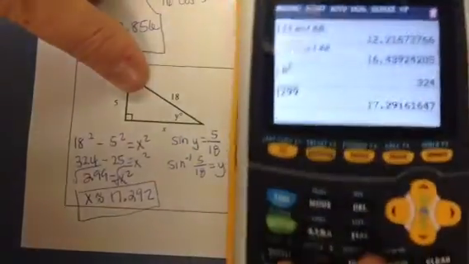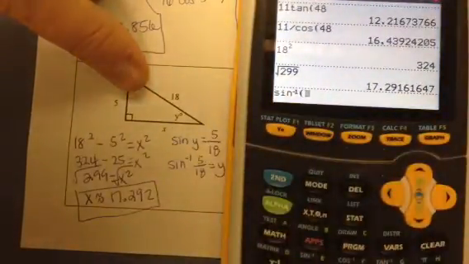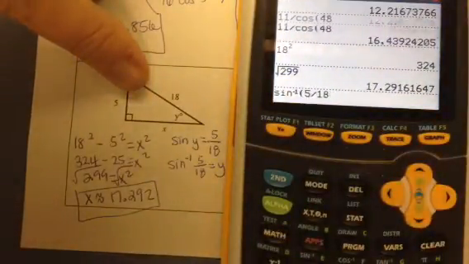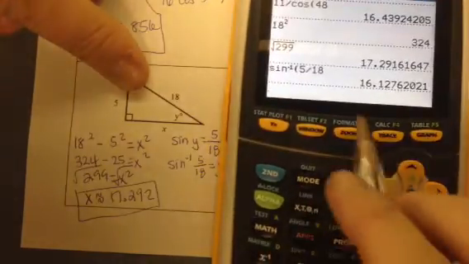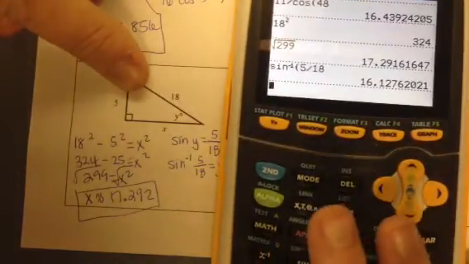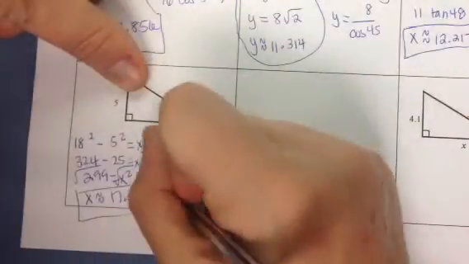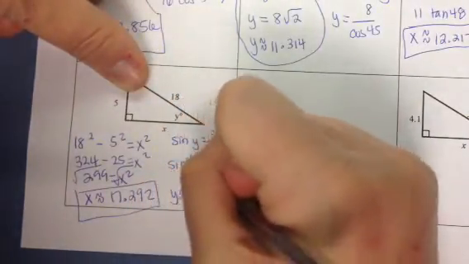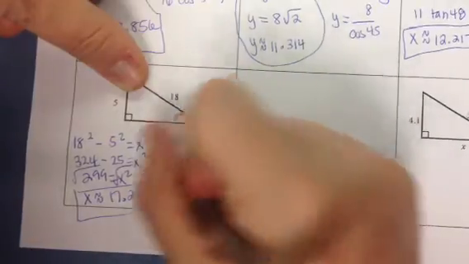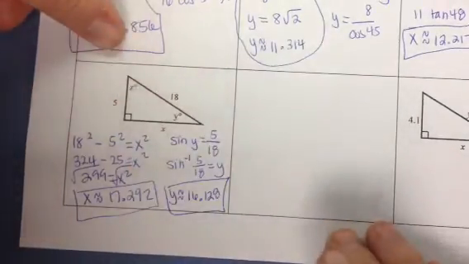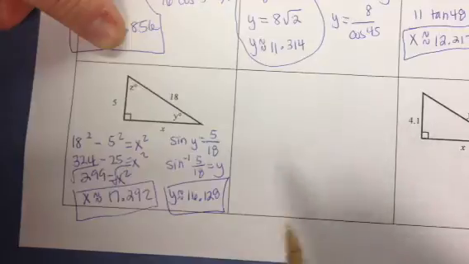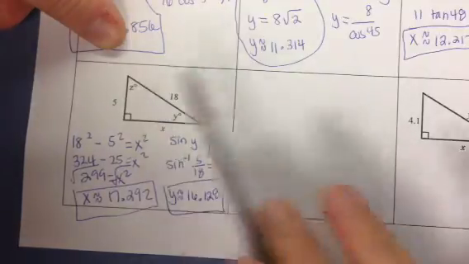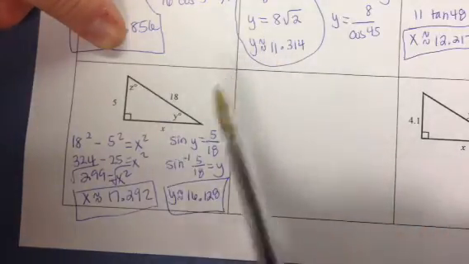In your calculator, you can go to second sine, inverse sine, 5 divided by 18, and we get 16.128. So y is approximately 16.128 degrees.